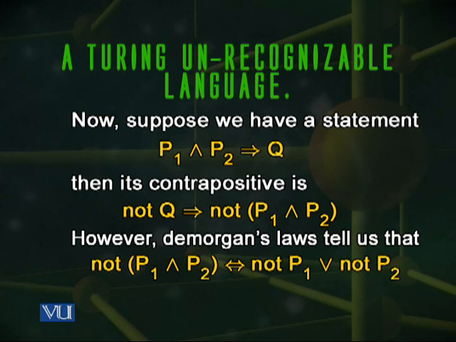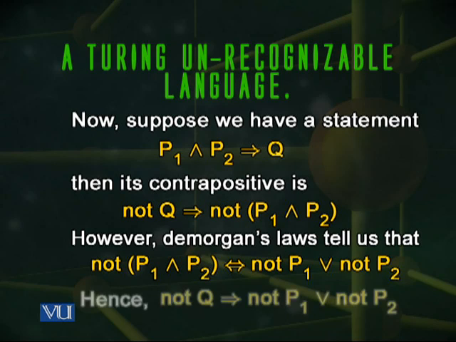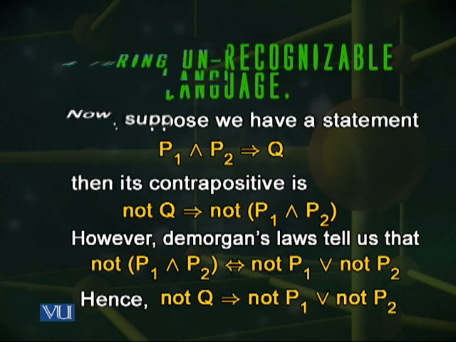When you negate an and of two things, that's the same as negating each thing and oring them. Hence, the contrapositive of the statement P1 and P2 implies Q becomes not Q implies not P1 or not P2.